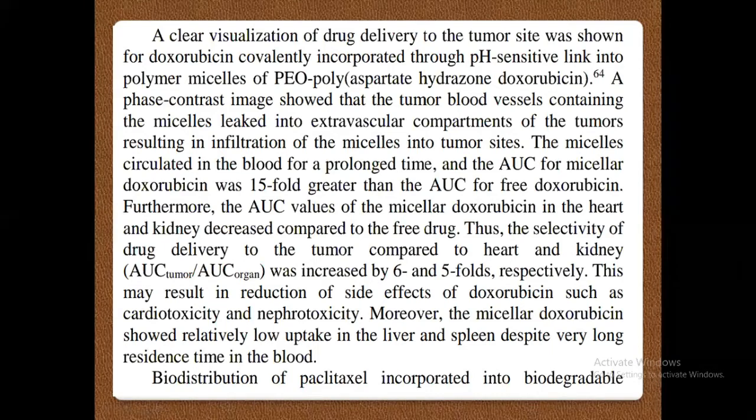Moreover, the micellar doxorubicin showed relatively low uptake in the liver as well as in the spleen, despite very long residence time in the blood. So it is going to remain in the blood for a very long time, and the uptake of this drug by the liver and spleen takes a very long time.